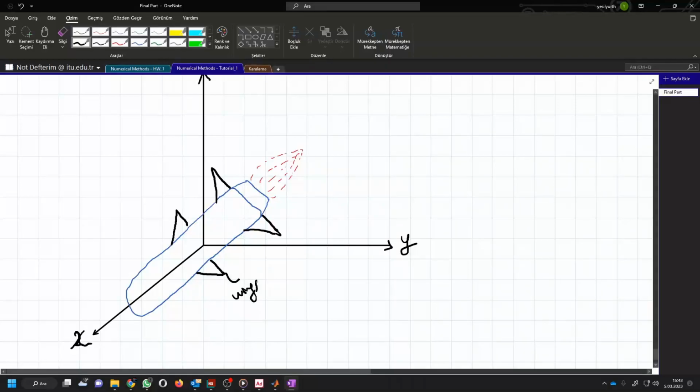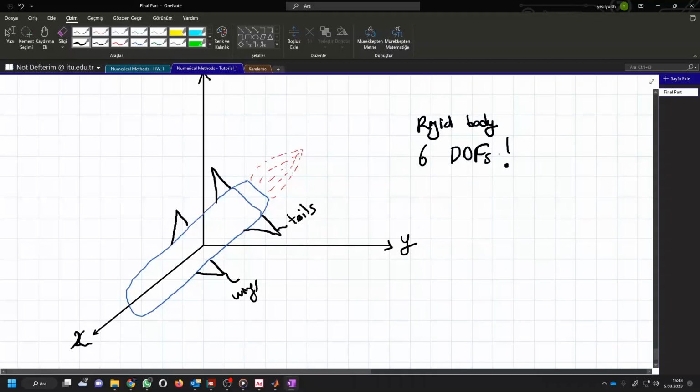These are wings, these are tails. So if this rocket body is a rigid body, this will be 6 degrees of freedom.